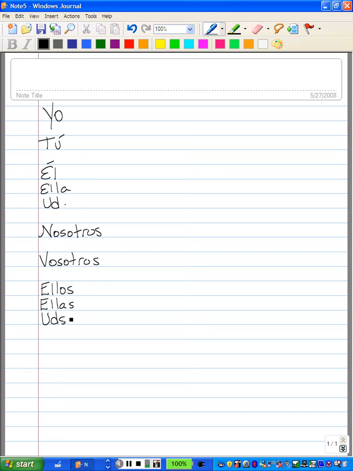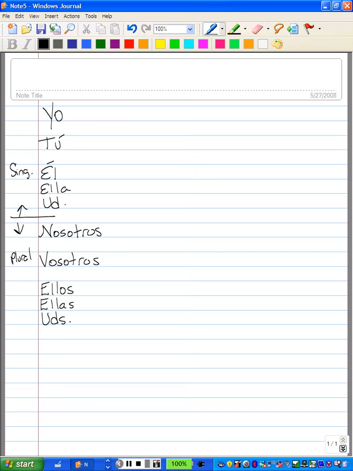And these are the pronouns, and these pronouns are always going to be in this order. From here up, you have singular pronouns. And for nosotros down, you have the plural pronouns.